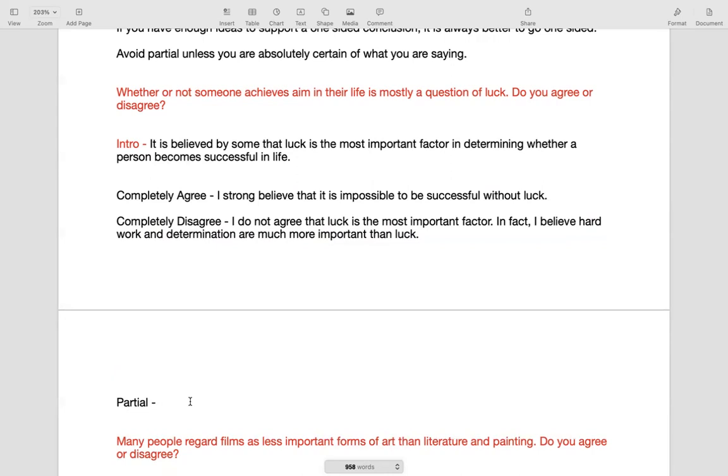Now I want someone to attempt a partial agreement answer for this. Can someone make a partial answer for this? You're welcome to try. Everyone is welcome to try. And if you can't speak, you can type.